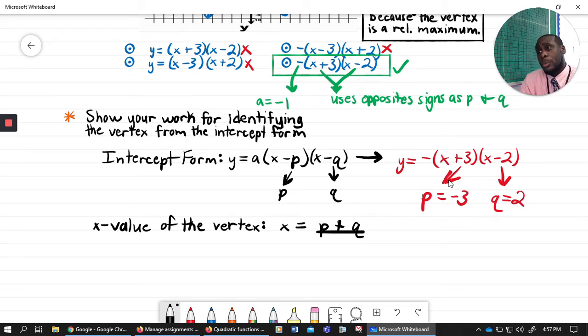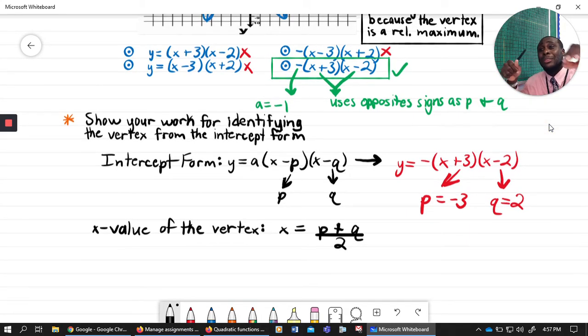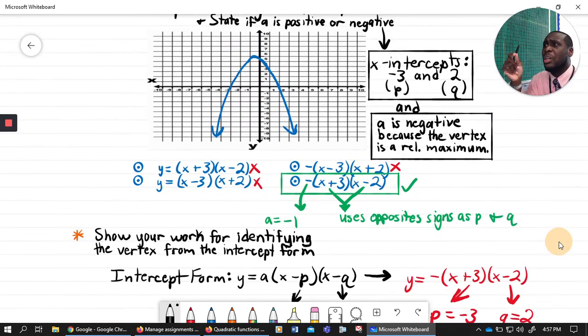Now, P plus Q divided by 2. Again, it's like we've got to take the average of those two x-intercepts, because that vertex is going to be perfectly in the middle of those two x-intercepts.